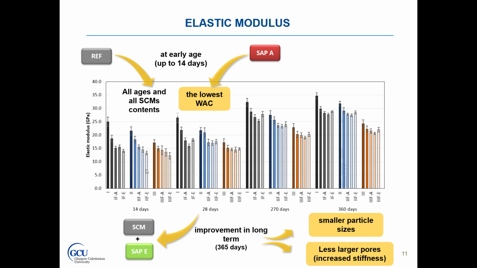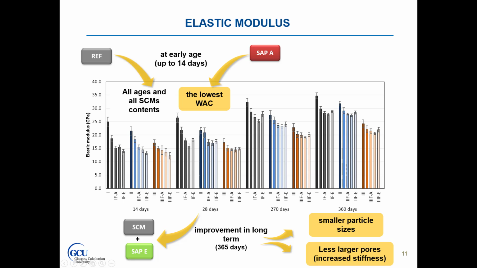In the majority of the samples, SAP A, with the lowest water absorption capacity, had the highest elastic modulus values at early age, up to 14 days.